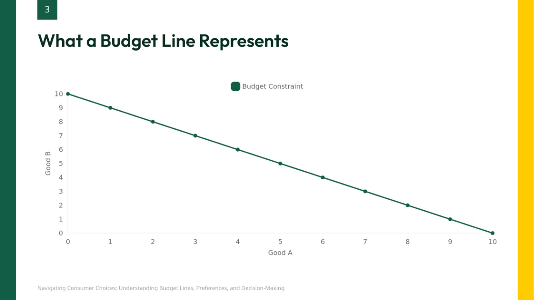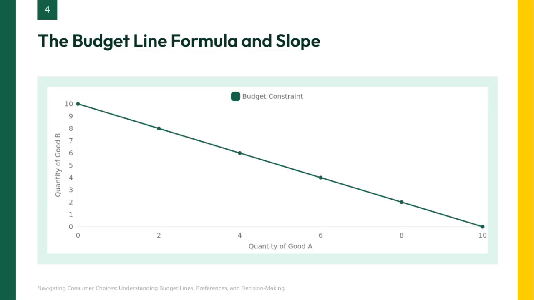Here, we have a line chart that illustrates the concept of the budget constraint. On the horizontal axis, we see the quantity of good A, and on the vertical axis, the quantity of good B. The budget line itself shows all the possible combinations of these two goods that a consumer can afford, given a fixed budget.